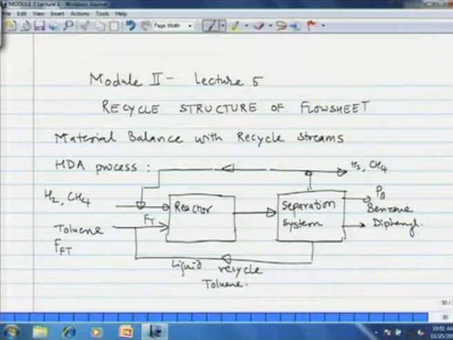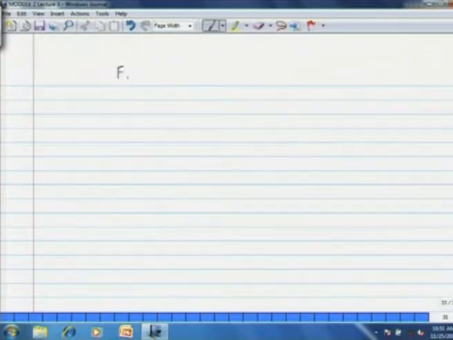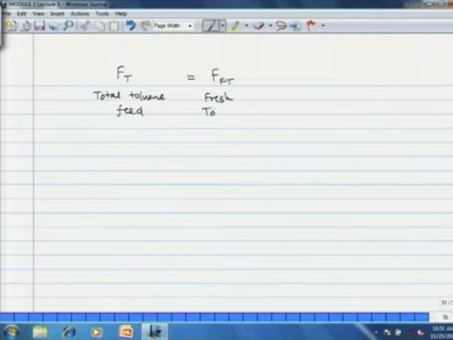If you do the material balance at the reactor inlet, the total feed of toluene comes from the fresh toluene and the unconverted part of total toluene feed.